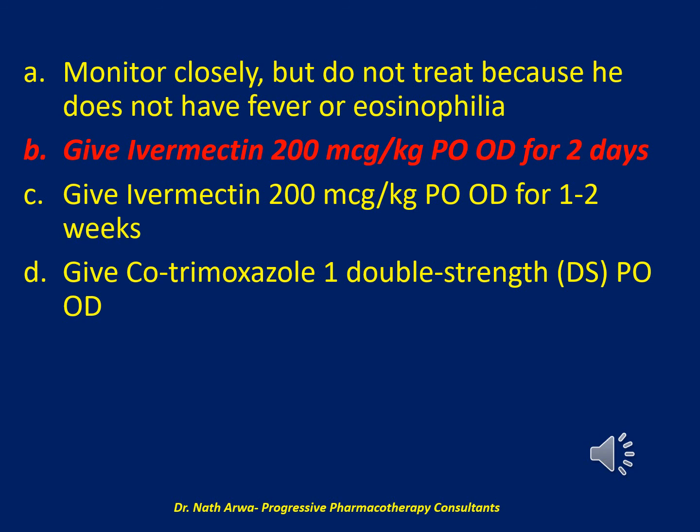That makes answer B correct, and answer A incorrect. Daily ivermectin for 7 to 14 days is the treatment for hyperinfection or disseminated disease, which is unnecessary because the patient is currently asymptomatic. That makes answer C incorrect. Trimethoprim-sulfamethoxazole has no activity against Strongyloides, which makes answer D incorrect.